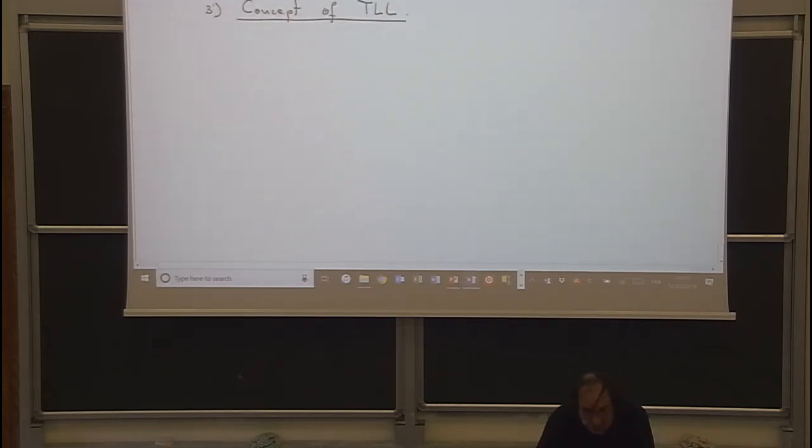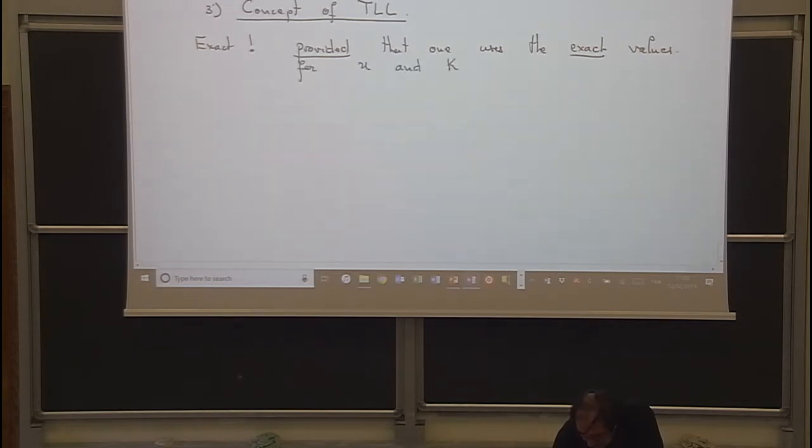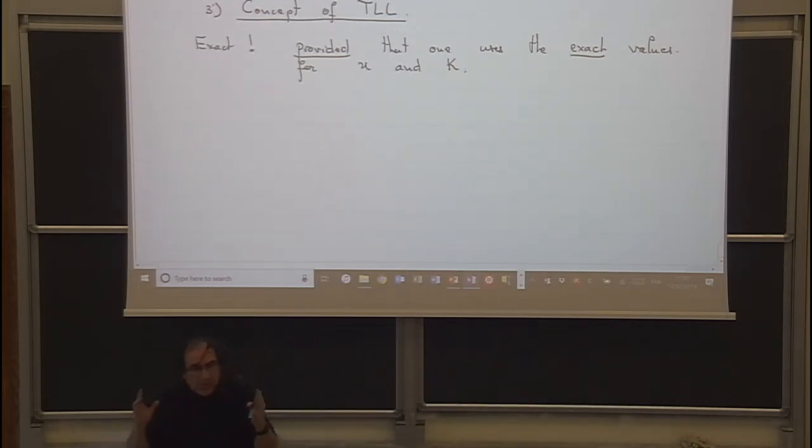And so the answer is, what we did is exact, provided that one uses the exact values for U and K. So in other words, the claim of Haldane is that the quadratic Hamiltonian that I explicitly derived for you, but by replacing and throwing terms, is actually the exact fixed point Hamiltonian which will describe the low energy physics of the problem.